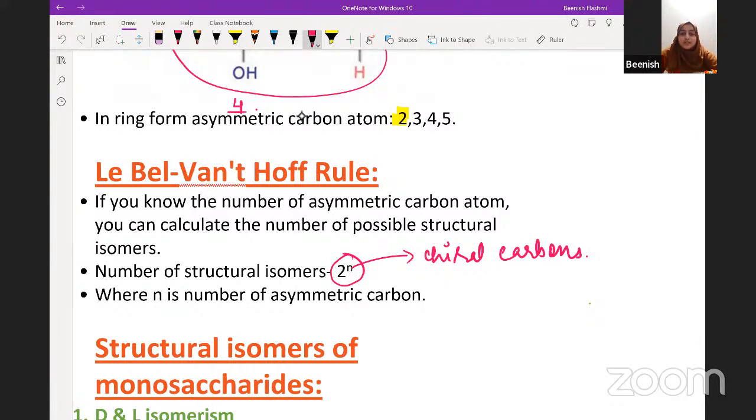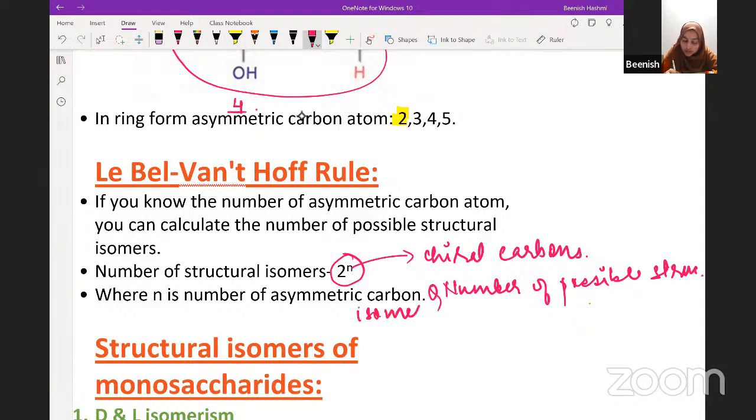So, for example, if there is an MCQ which asks how many structural isomers are possible for glucose, the question is: number of possible structural isomers for glucose.